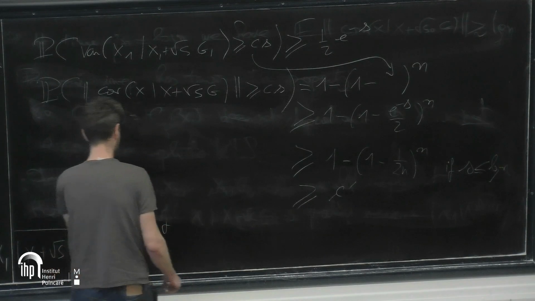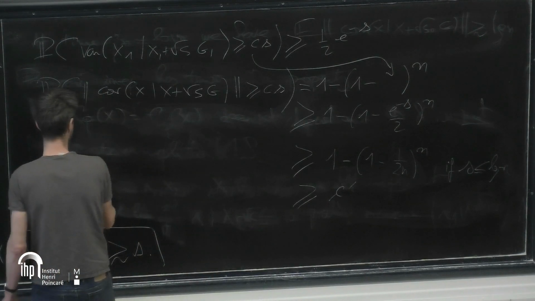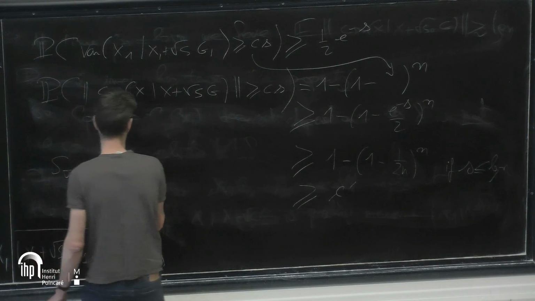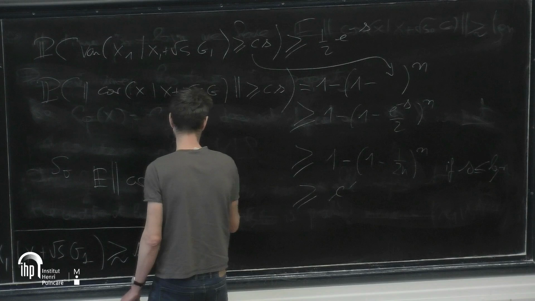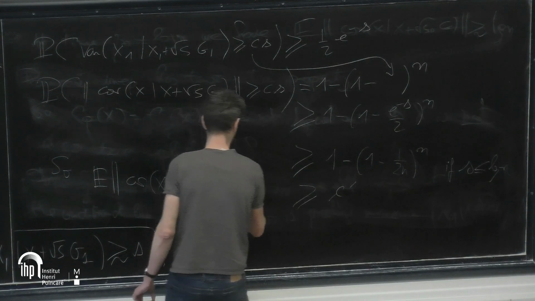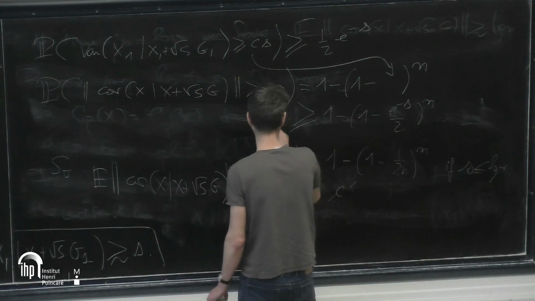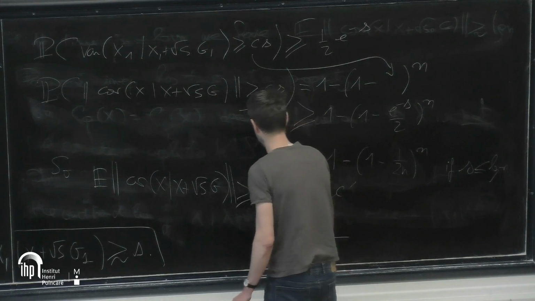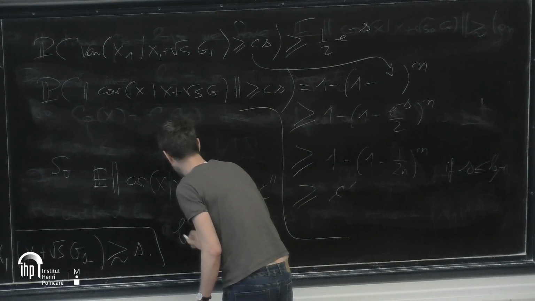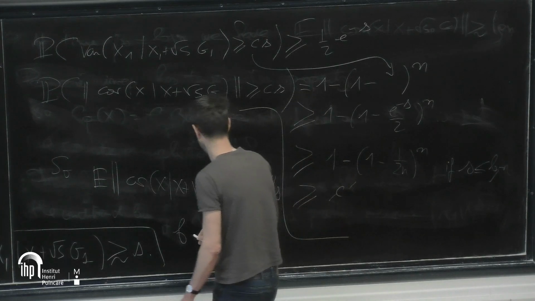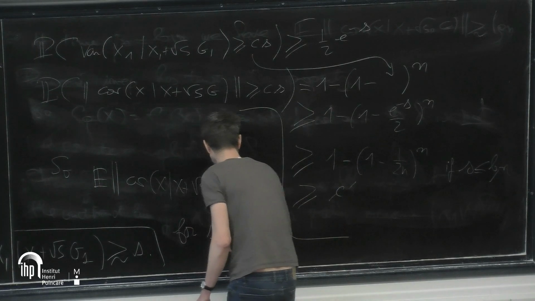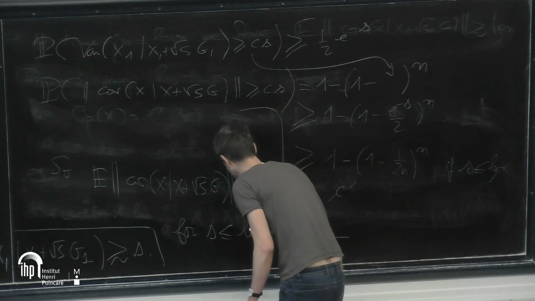So by Markov, the expectation of the norm of this is larger than C double prime times s for s less than log n.